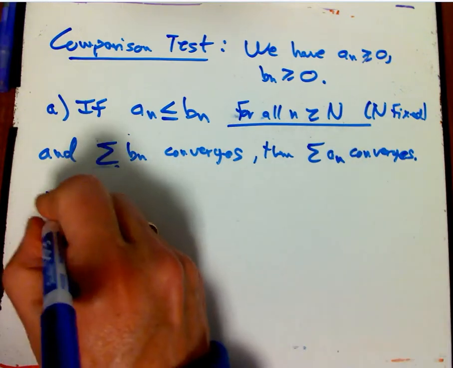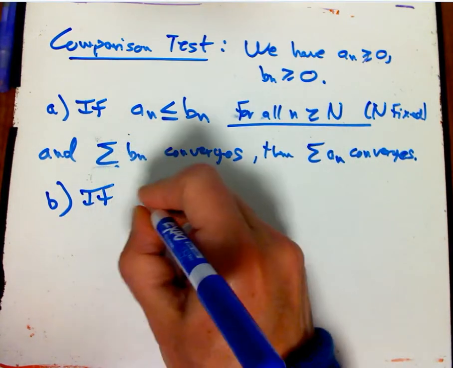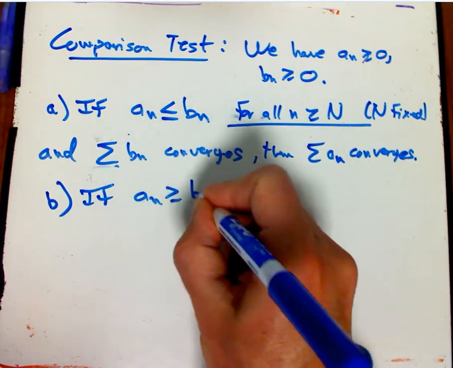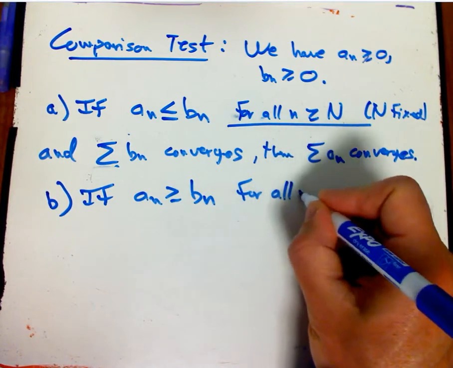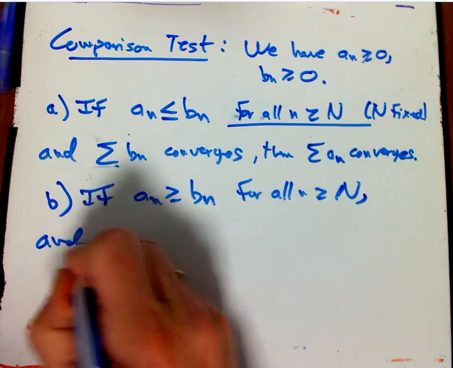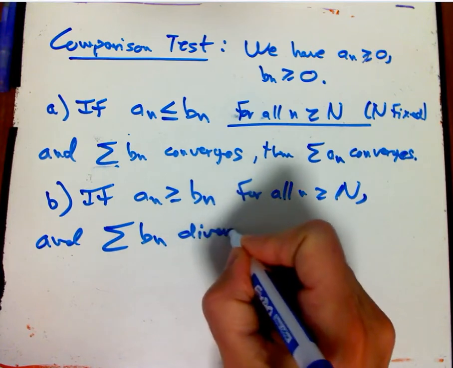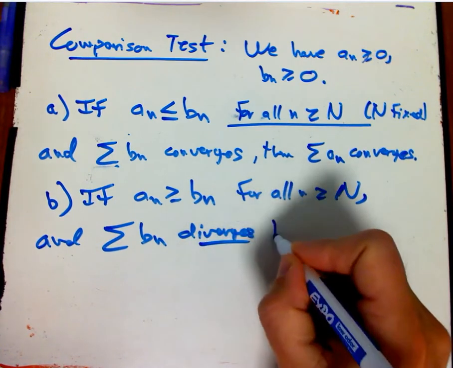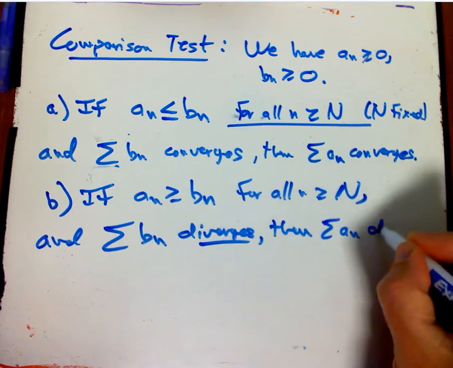Okay, and I do want to get to an example here, but it takes a little while to lay it out. We're almost done. If a sub n is worse than b sub n for all n greater than or equal to some fixed N, and that guy's bad, then the sum of a sub n also diverges.